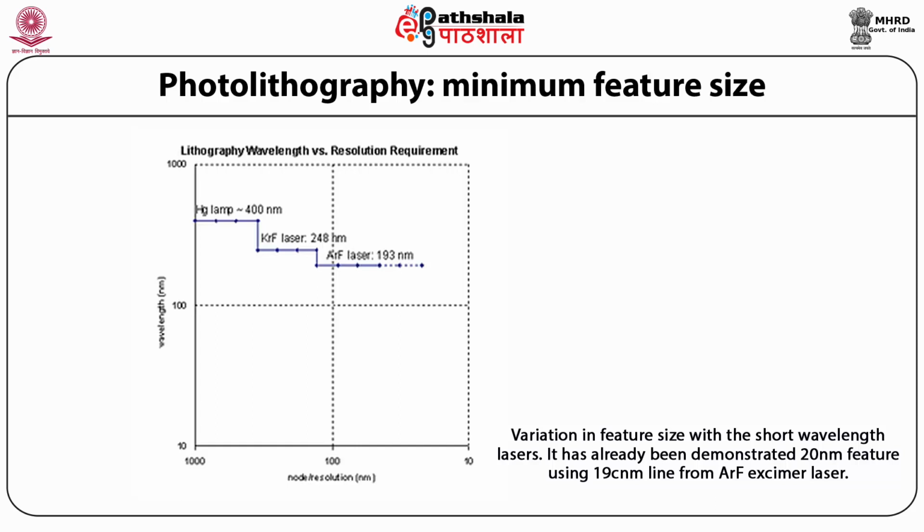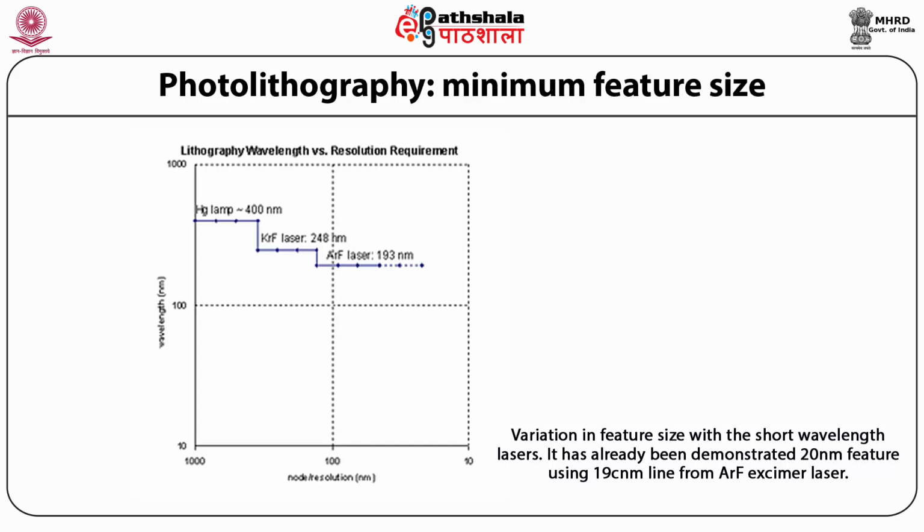This spectrum is filtered to select a single spectral line. The most popular emission lines are 436 nanometer, that is G line, 405 nanometer H line and 365 nanometer I line, used from mercury lamps.